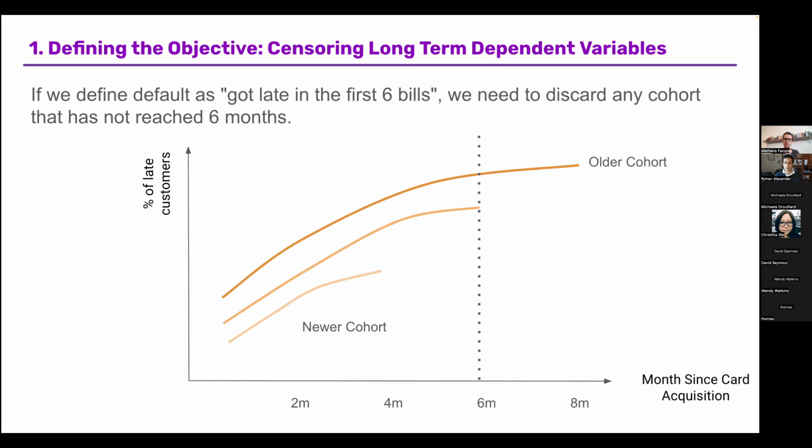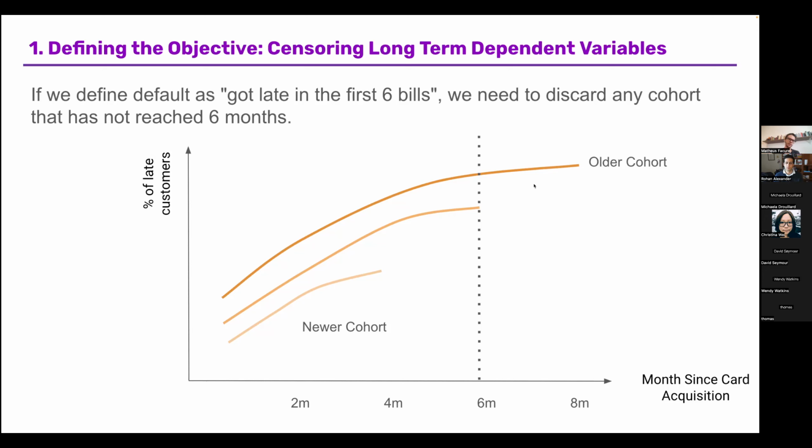And let's say that you have a situation like this, right? So this plot shows essentially the percentage of customers late. So this is what you want to minimize. This is bad. This is essentially risk, like the average default rate. And on the x-axis, you have months since the customer joined the bank. So let's say that the topmost line here is a customer that joined the bank 8 months ago.